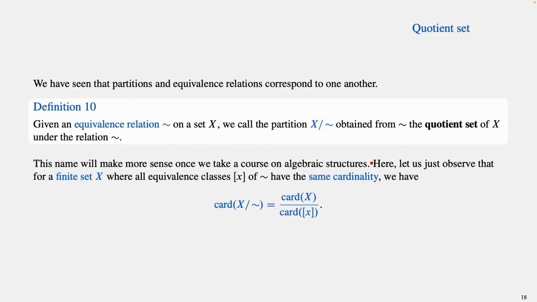Let me just observe, to make a bit more sense of this terminology, that if we have a finite set X and in addition all the equivalence classes of this relation have the same cardinality, then indeed the cardinality of this quotient set is the quotient of the cardinality of X by the cardinality of any of its equivalence classes.